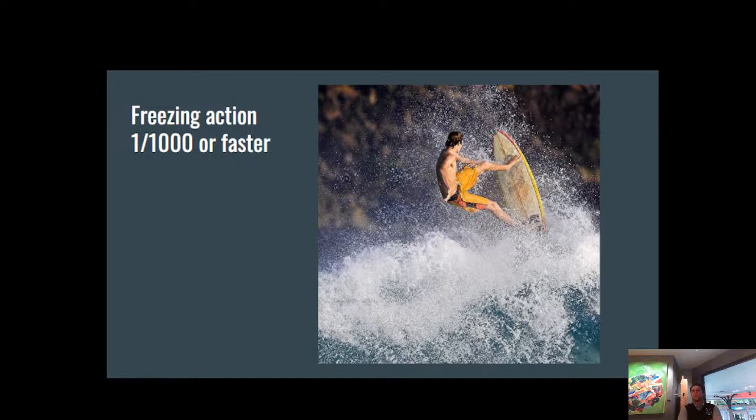When you have a moment that's going so quickly that you need to turn your shutter speed to that, you only have a few seconds to really comprehend all of that going in, and by that time, you have to react. So it's important to remember that when we're taking a picture, we can't recreate it a lot of the times when it's action photography like this. So we want to make sure we get it the first time. So freezing actions, I would say use 1 in 1,000th or faster, you'll be fine.